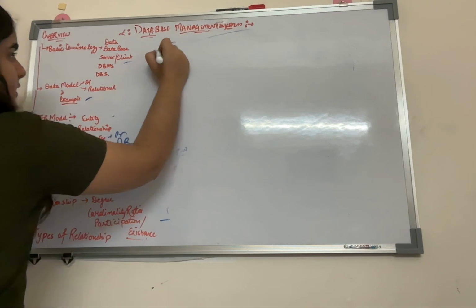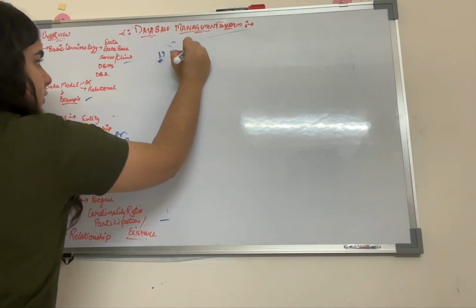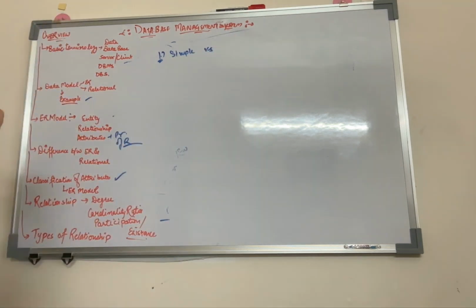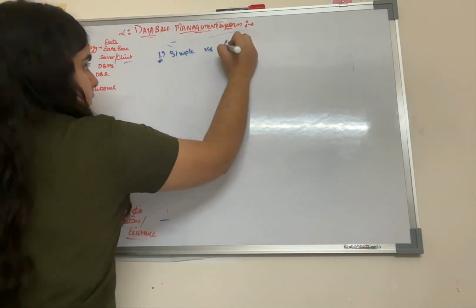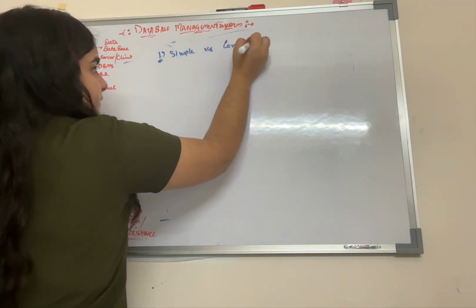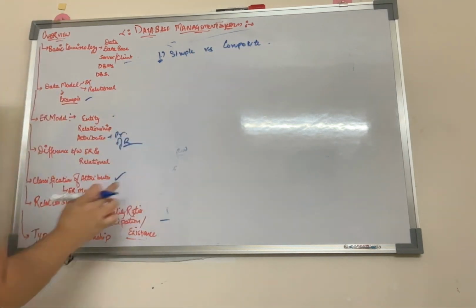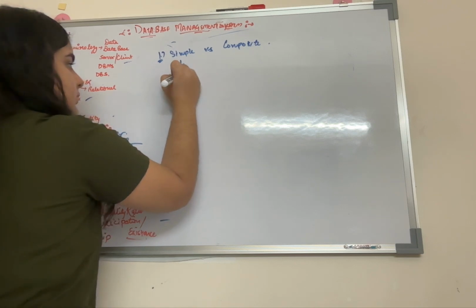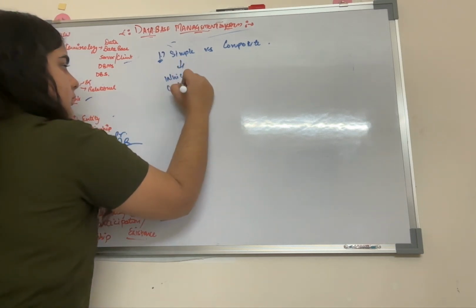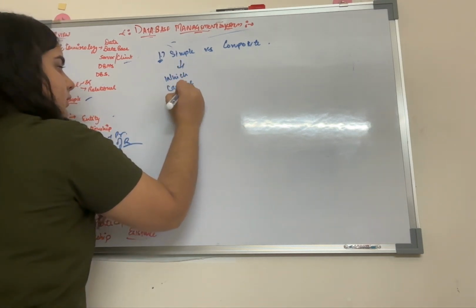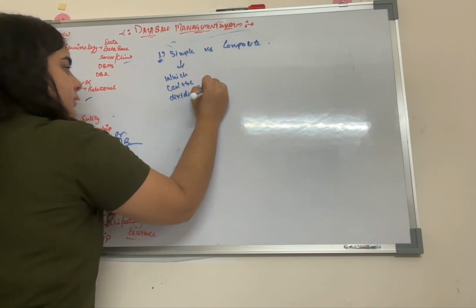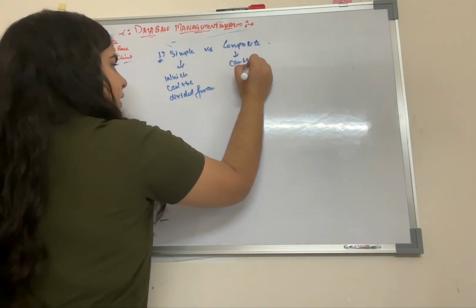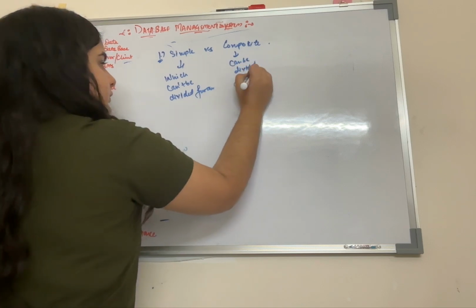First is simple versus composite. This is the first classification of attributes. Simple means it cannot be divided further, and composite means it can be divided further.